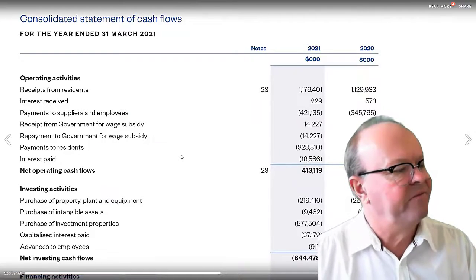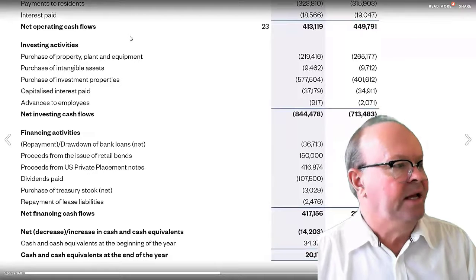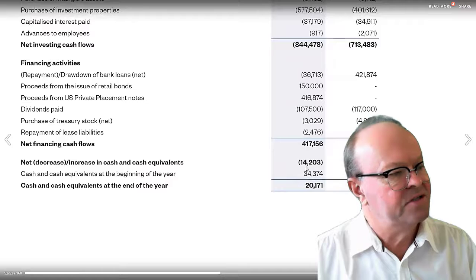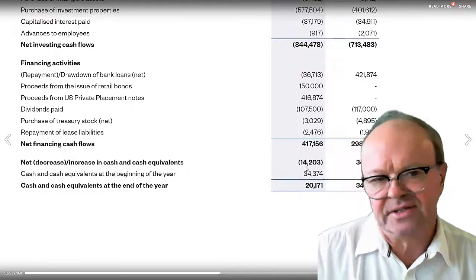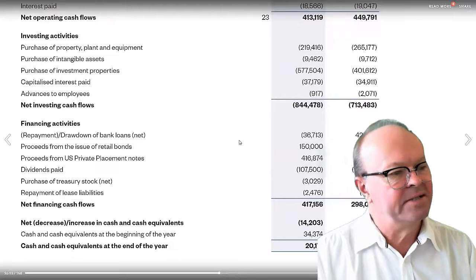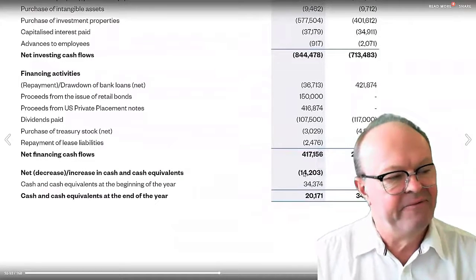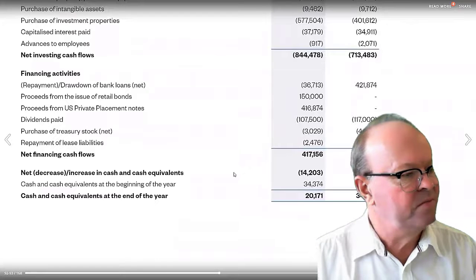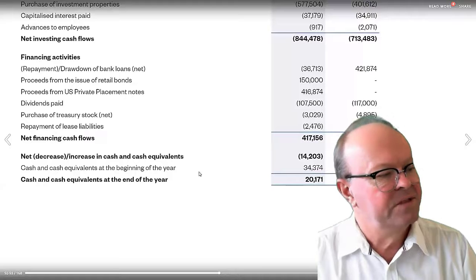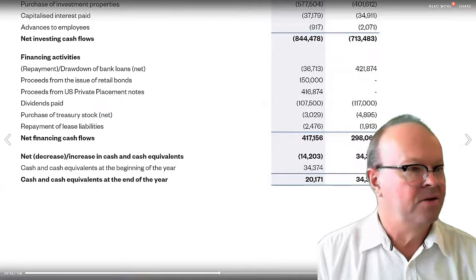There's the 2021 figures, has investing activities, those various cash flows, and then the financing activities, and then it has a net increase or decrease in cash and cash equivalents, which is the 400 million minus 800 million plus 400 million is roughly negative, or it is negative 14.2 million. Opening cash was 34.3 million, which leaves the closing cash balance of $20.1 million.